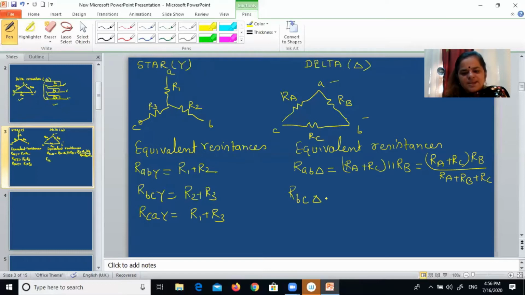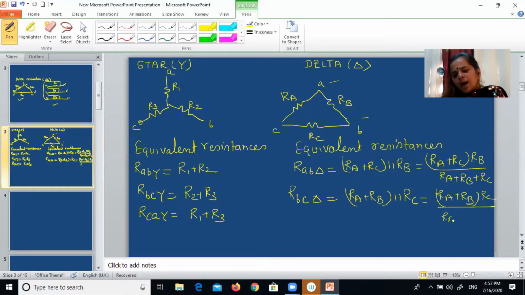Similarly, RBC delta. RBC delta means RA, RB are in series and parallel with RC. So RA plus RB parallel with RC. So what am I going to get? RA plus RB multiplied by RC upon RA plus RB plus RC.